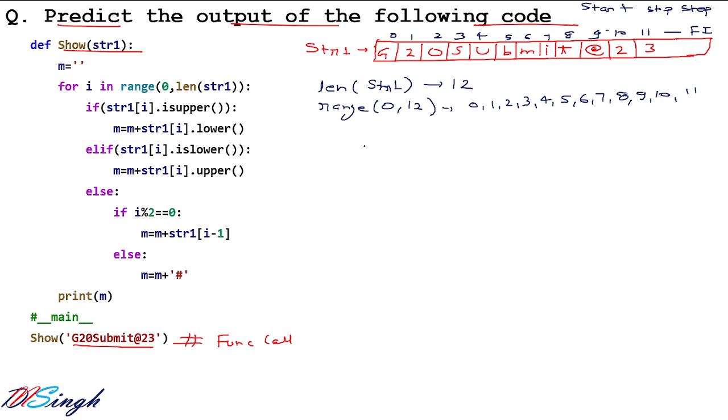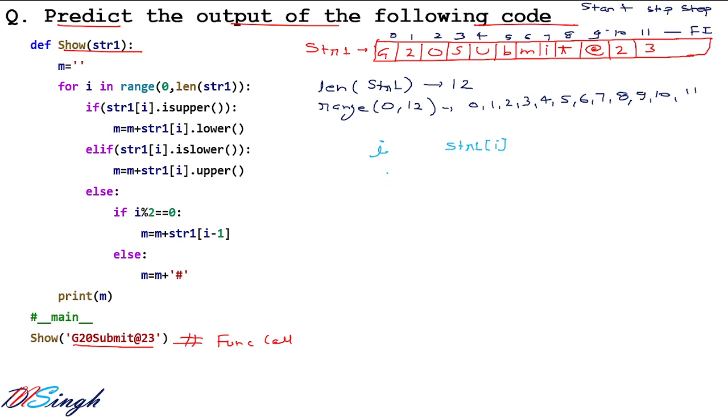Let me have the loop variable I here. Let me change the color of my pen again. So this is the variable I. This is the loop variable, and here I will have str1 of I, whatever values we will have.